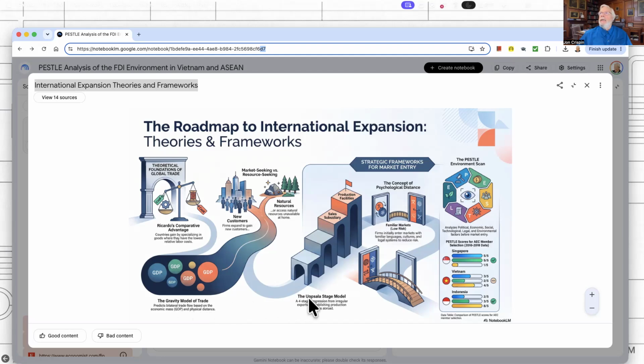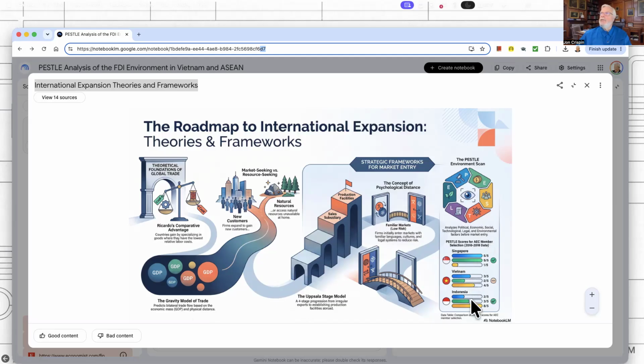Then as we move to make our decision, we look at the Uppsala stage model, and then the concept of psychological distance. Is it close? If it is, it's going to make our decision a lot easier. If it is not, it's going to be very difficult.